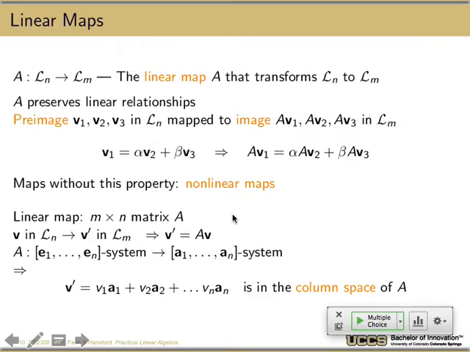We can have functions that are more complicated than just a matrix computation, but they'll have this equivalence. Okay? When we do that, we can talk about the output vector v prime in terms of a new coordinate system, which is the constants from each of the subdimensions times the new basis vectors in the n-dimensional space. And we call that the column space of A.